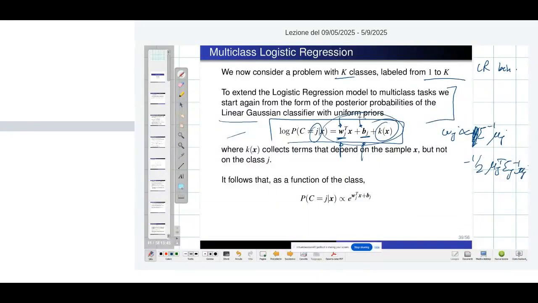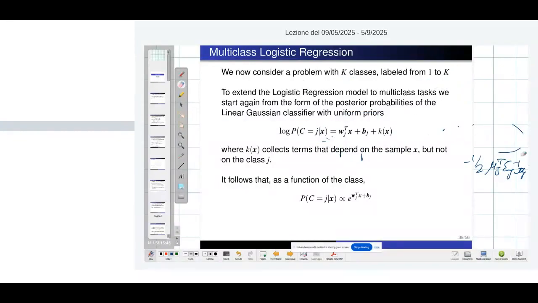This is exactly the kind of expression you will get, with w depending on the shared sigma and the mean of the class. Again, this is an affine function, a linear function in x, at least this part is an affine function, plus something that is not affine in x but does not depend on the class.